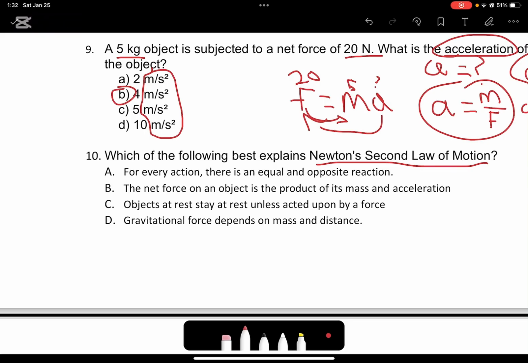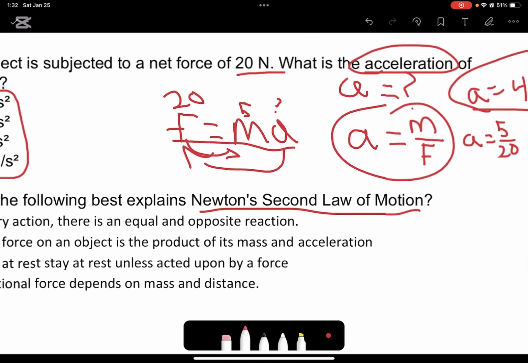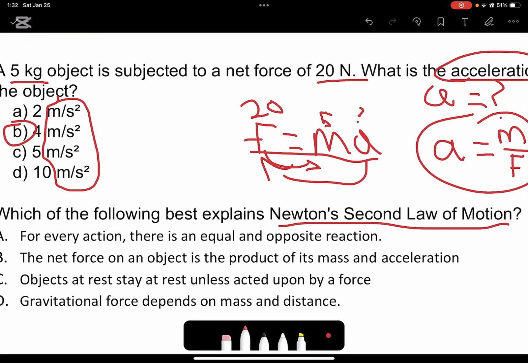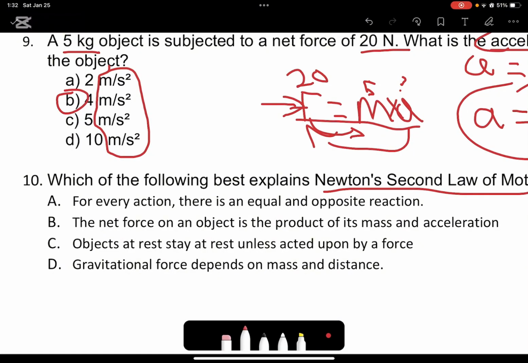Next, which of the following best explains Newton's second law of motion? As I said over here, Newton's second law of motion is the product of mass times acceleration, which is equal to F. So which one is most familiar and similar to the one up top?